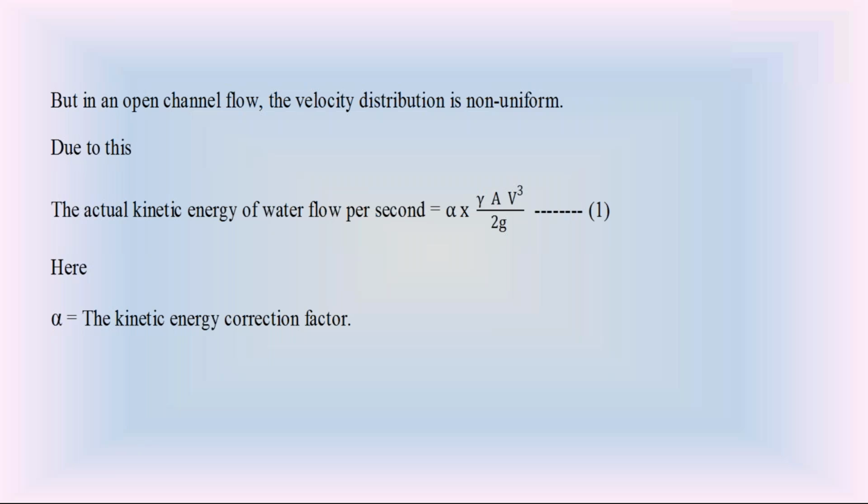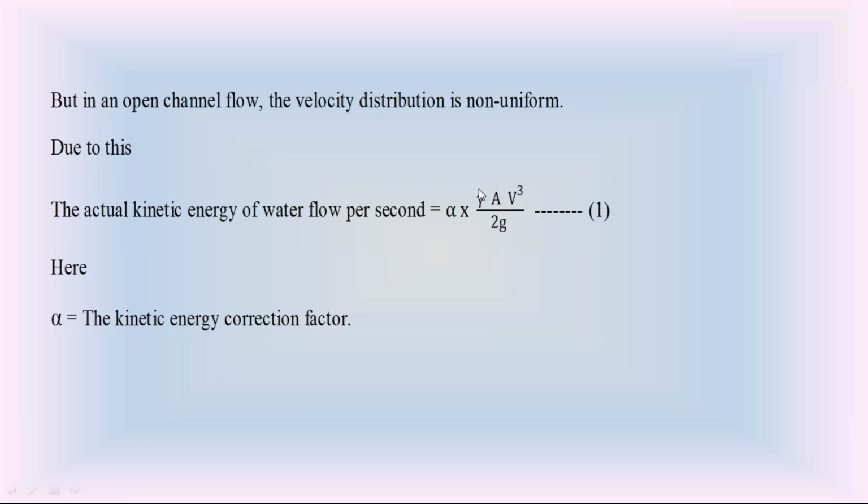Since we are using that mean velocity, that is not the actual kinetic energy of water flow per second, but we can calculate the actual kinetic energy of water flow per second. So please observe this. This is the actual kinetic energy of water flow per second, that is equal to alpha into this kinetic energy of water flow per second by using the mean velocity. Here in this equation, V is the mean velocity.